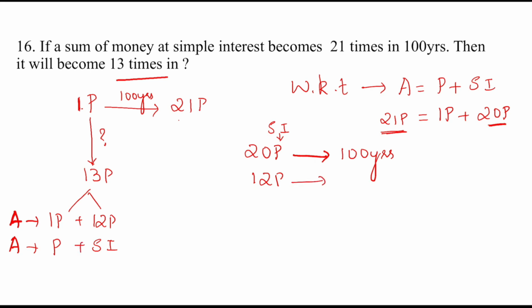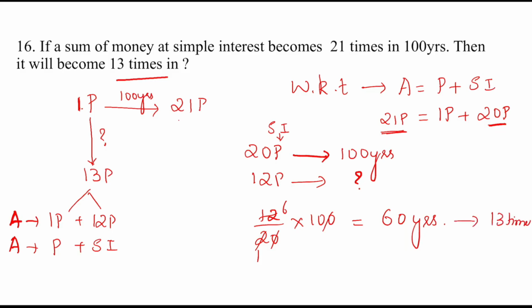Therefore, 12p it will become in how many years? So it is 12 divided by 20 into 100. 0, 0 cancels, 2 1s are 2, 6 into 10, 60 years. So it becomes 13 times in 60 years.